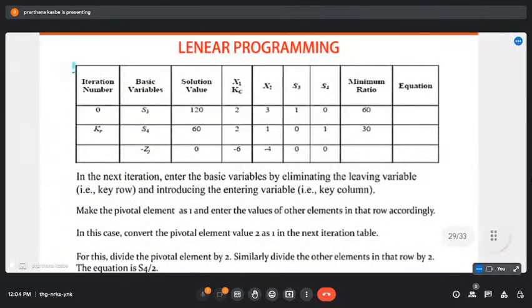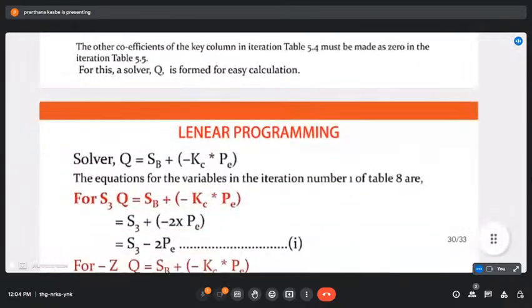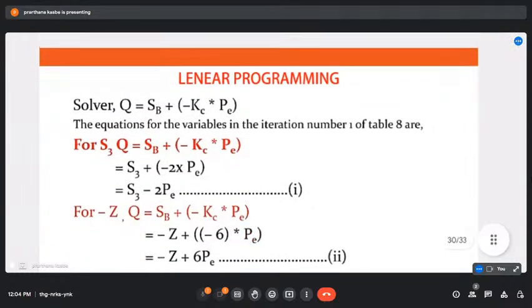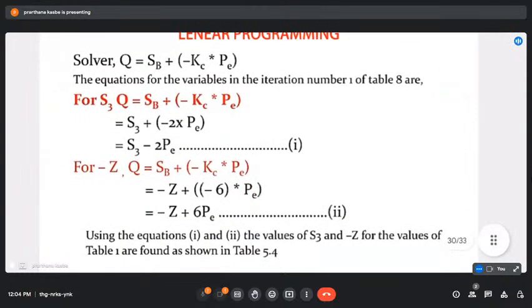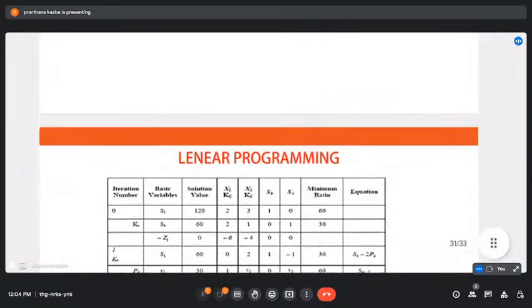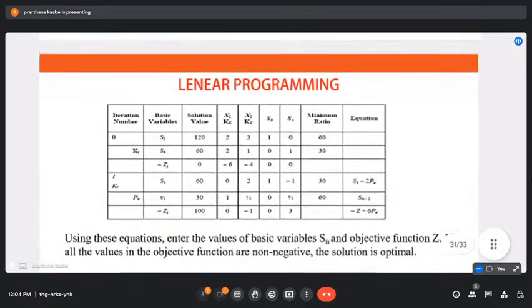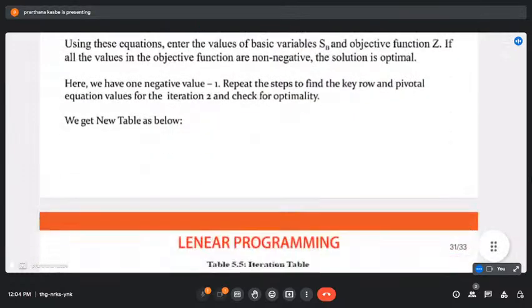So this is another linear programming table with the next iteration number, the basic variables and the solution, and all the numbers have changed, so we get this type of linear equation model. So this is S3 and minus Z, and this is also the same table but just the values are different.